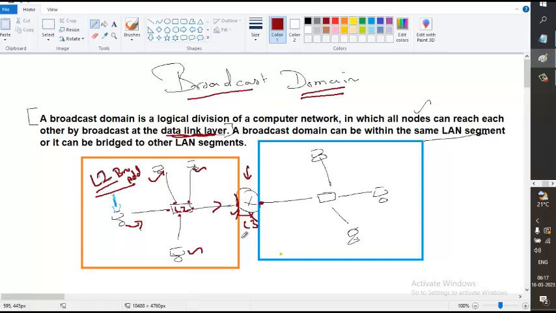So what is a broadcast domain? It's a logical division of a network. In other words, it's a layer 2 group of devices in a network. What can this group of devices do? They can reach each other at a layer 2 level.